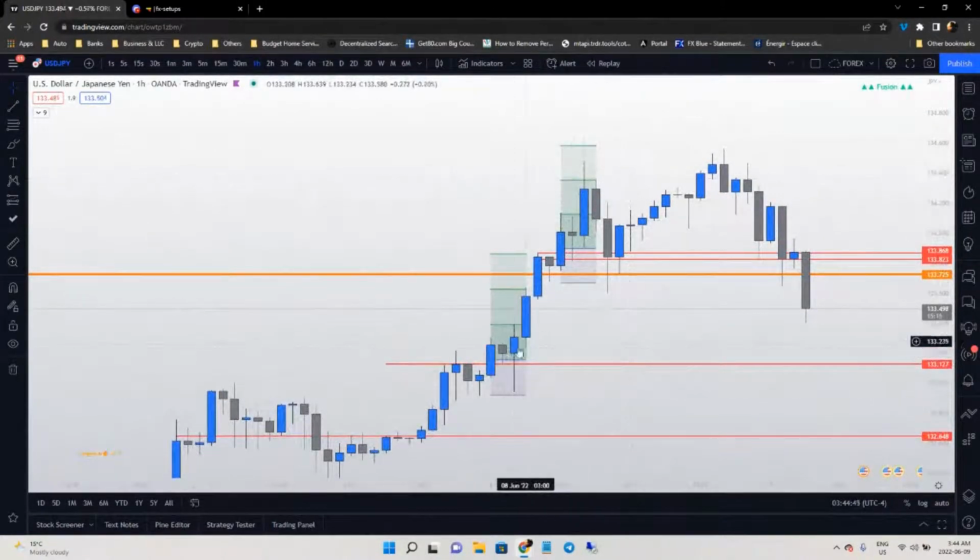As you can see, it went to the first setup here, went to TP3 and beyond. This setup here went to almost TP3, but on that candle it will stop you out. So basically you would have taken partial profit based on that, so at least at TP1 and TP2.